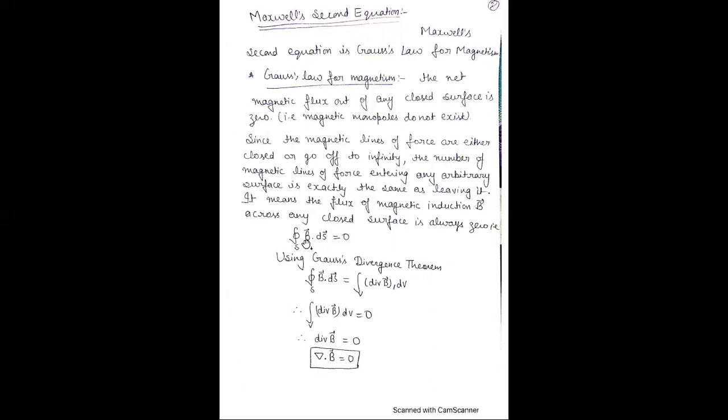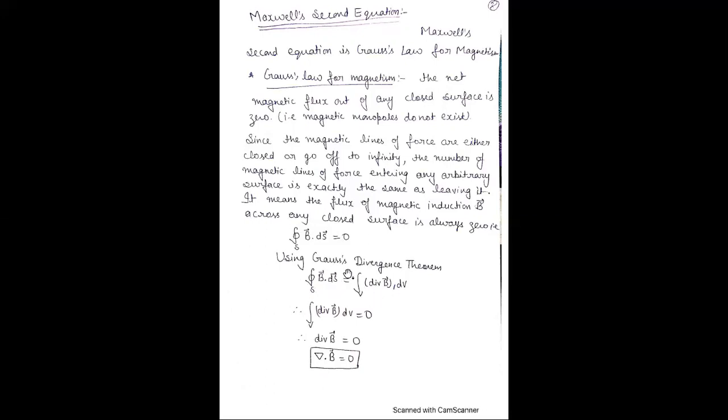Therefore the magnetic flux, the closed integral of B dot ds, is zero. Also, B is solenoidal in nature. Using the Gauss divergence theorem, the surface integral is changed into a volume integral, so the closed integral of B dot ds equals the volume integral of divergence of B dV.